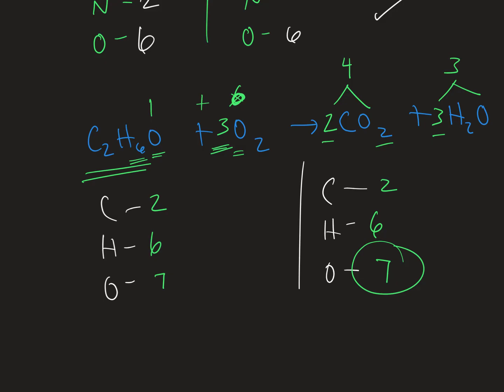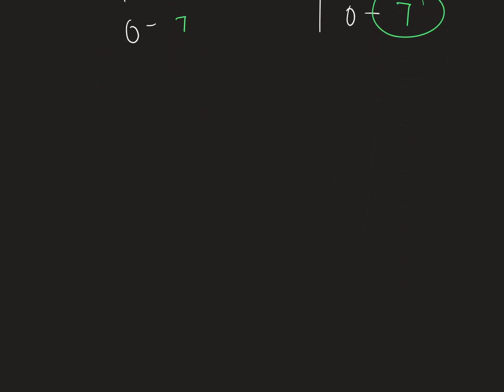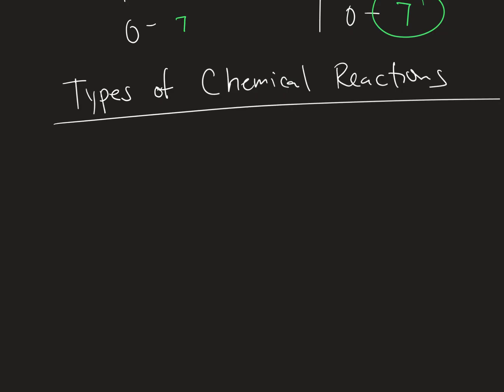All right, next thing we're going to do is the types of chemical reactions. There are 3 types of chemical reactions, but there are 5. This might make it confusing. Let's just start.